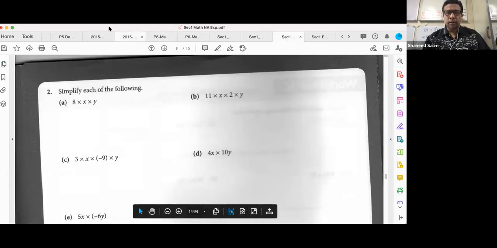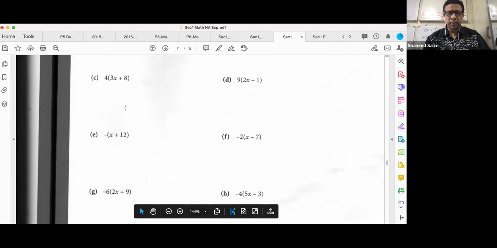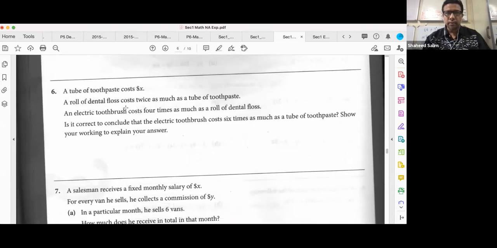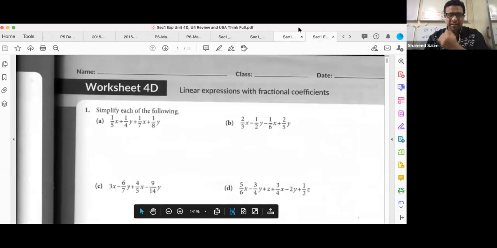Okay, we are going to try this one. This is from the express one.